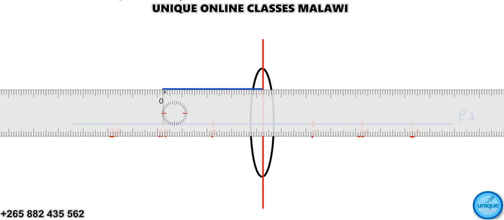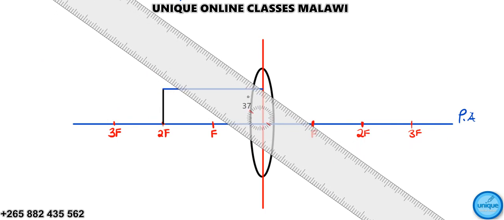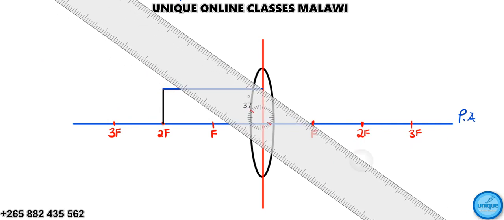ray. Then after passing through optical axis, it bends going through f. So that's the line, it bends there going this way, you see.